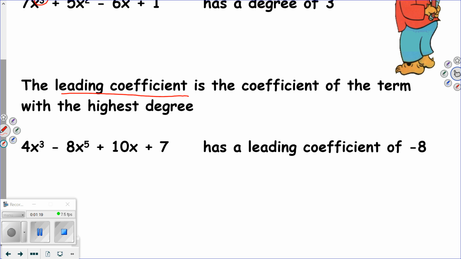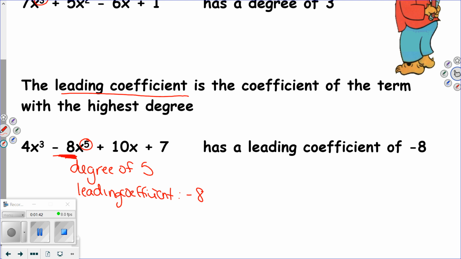So in this example, since 5 is the highest, this has a degree of 5. And then the leading coefficient is the number attached to that. So leading coefficient would be -8, because it's just the number that's attached.